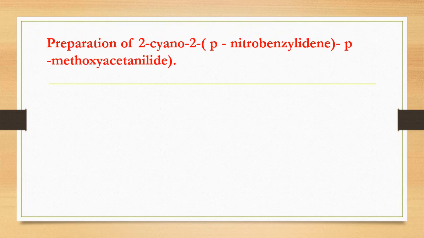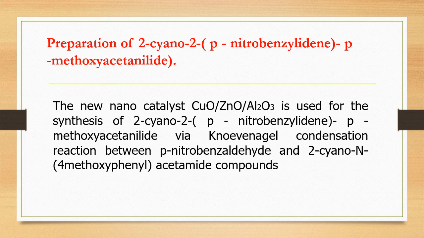Now we get to the preparation of 2-cyano-2-para-nitrobenzalidine para-methoxyacetanilide. It is one of the acetanilide derivatives, which have many applications in our life.